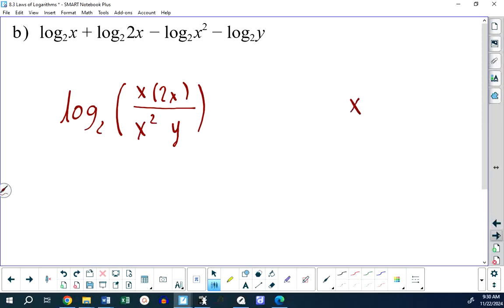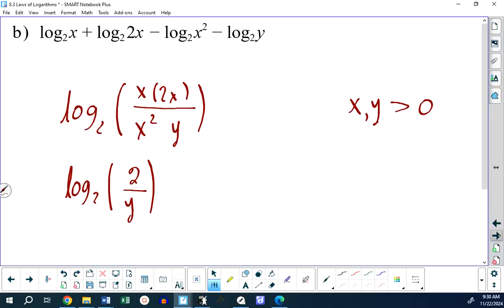By the way, I hope you see that x and y must both be bigger than 0, because they're arguments of logarithms. So we can simplify this and get log base 2 of 2 over y. Because in the numerator of that we get 2x squared, but we have an x squared in the denominator, it cancels. So now we start to get a little peek at where this can go.